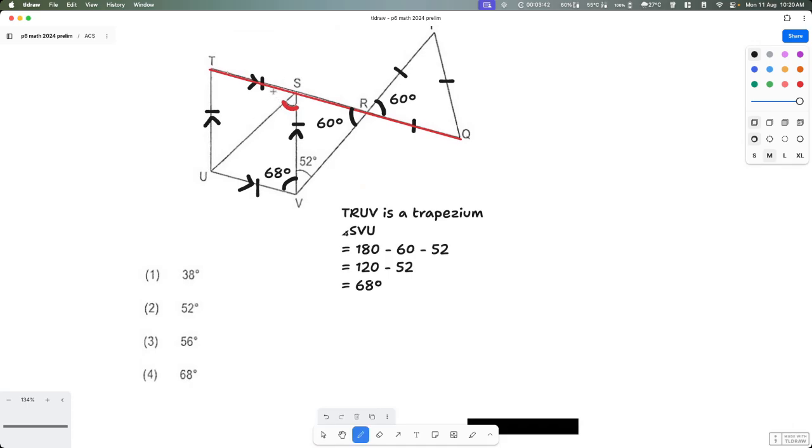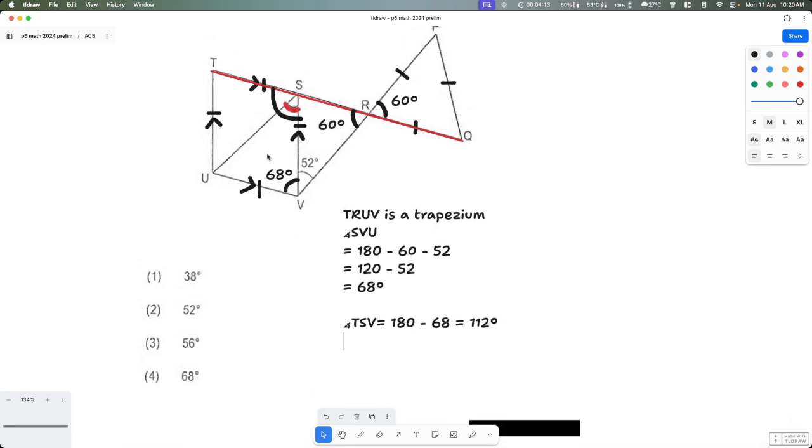We can get the angle that is over here as well, which is TSV. So angle TSV is equal to 180 minus 68. This will give us 112 degrees. So we know that this whole thing over here is 112 degrees.